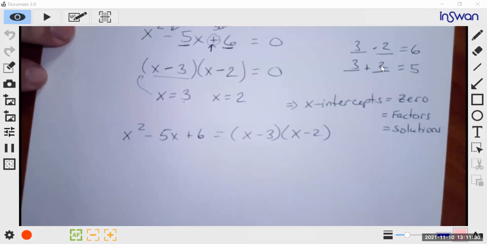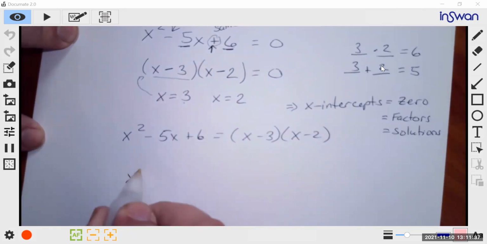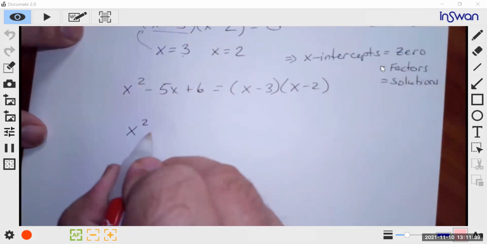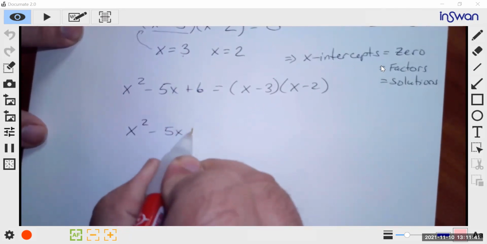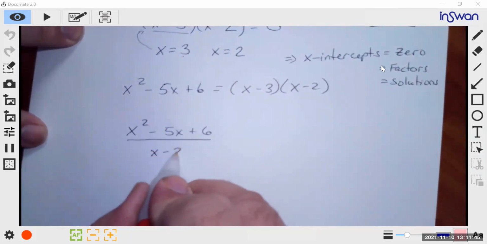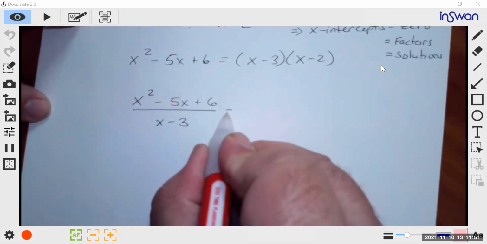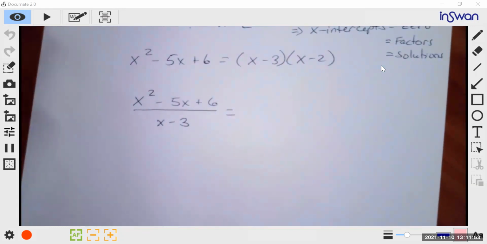So let's look at division. Let's look at division to prove this. If we take our original polynomial and divide it by x minus 3, let's see what we'll get.